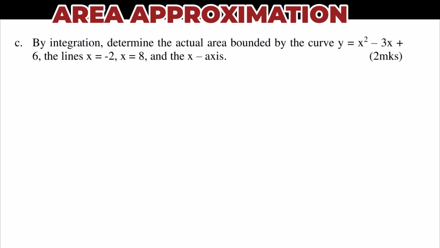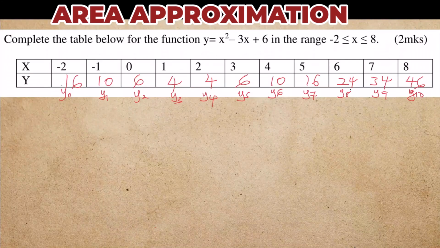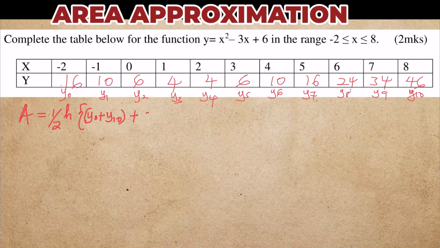Now, after looking at that graph, let's go to the trapezium rule, also referred to as the trapezoidal rule. Trapezium rule says that area is given by half multiplied by the width, then y0 plus y10. I'm using this table here so you can understand. Then plus twice, half times the width. I've shown you the width. Then y0 is the first height. The first height is 16. Then plus y10.